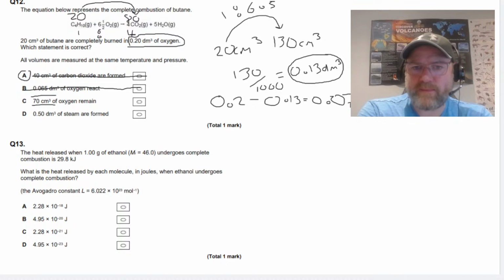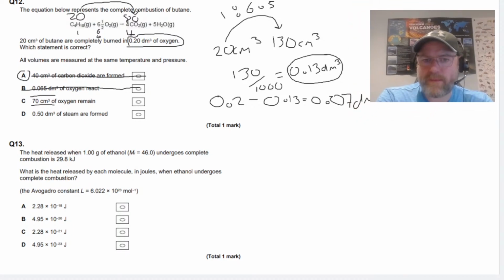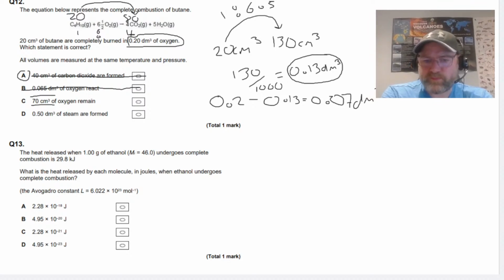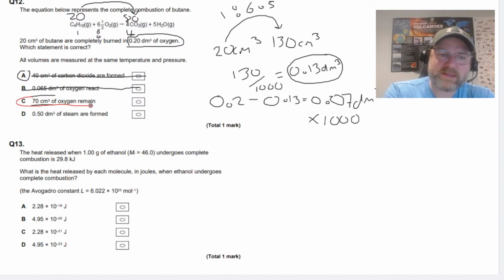Right, let me shrink that. I now need to convert this back into cm³. 0.07 is sounding right, isn't it, because there's a 7 in it. That equals 70 cm³. So the correct answer is yes, there would be 70 cm³ of oxygen left. That is the correct answer.